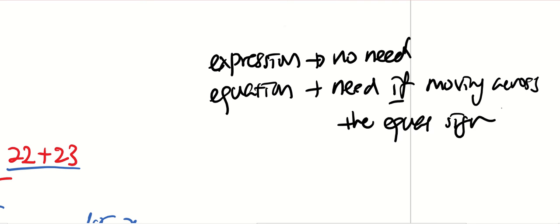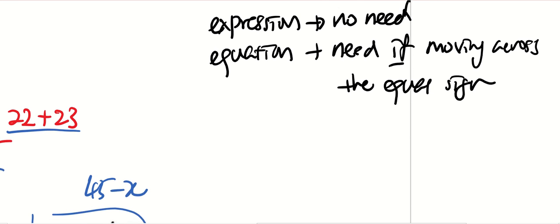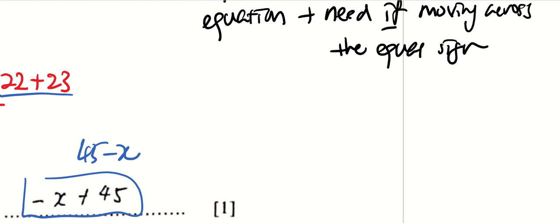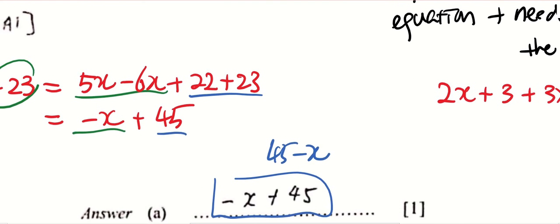What do I mean by that? Let me show you one simple example. Please take this down somewhere, either in your notes or beside this practice paper. For instance, I have 2x plus 3 plus 3x. Now, this is similar to what we have over here.